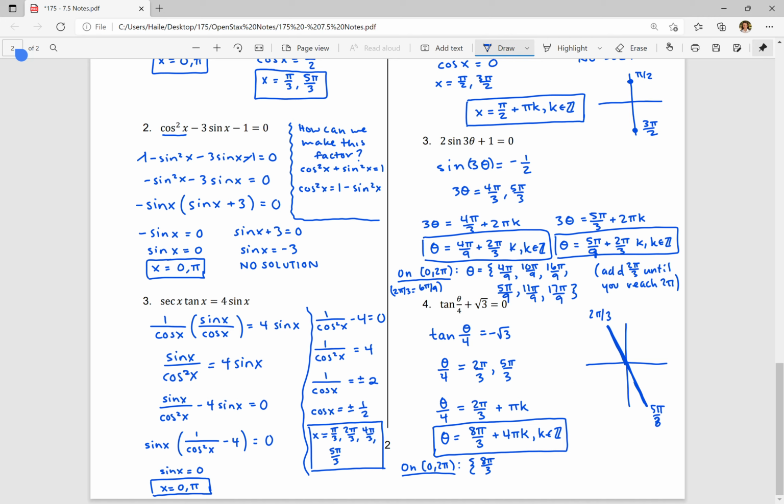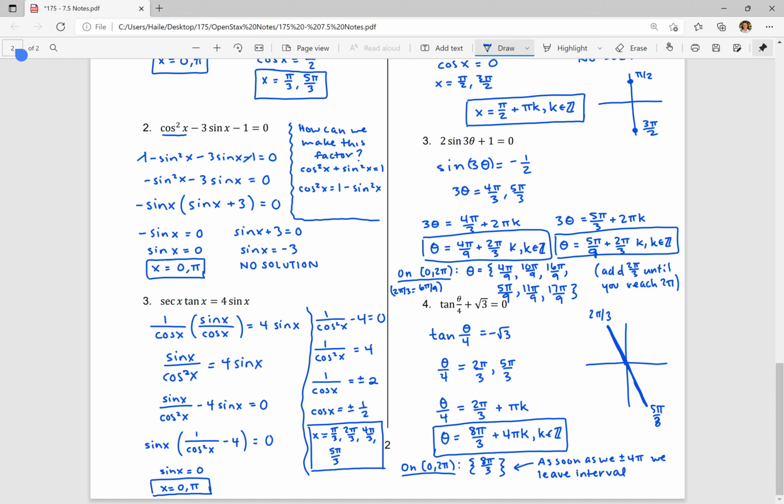That would again put us out of our interval because it's way bigger than 2 pi to start with. So the only solution on 0 to 2 pi would be 8 pi over 3. Just to make a note, as soon as we add or subtract 4 pi, we leave the interval. So that's why we only have one solution.